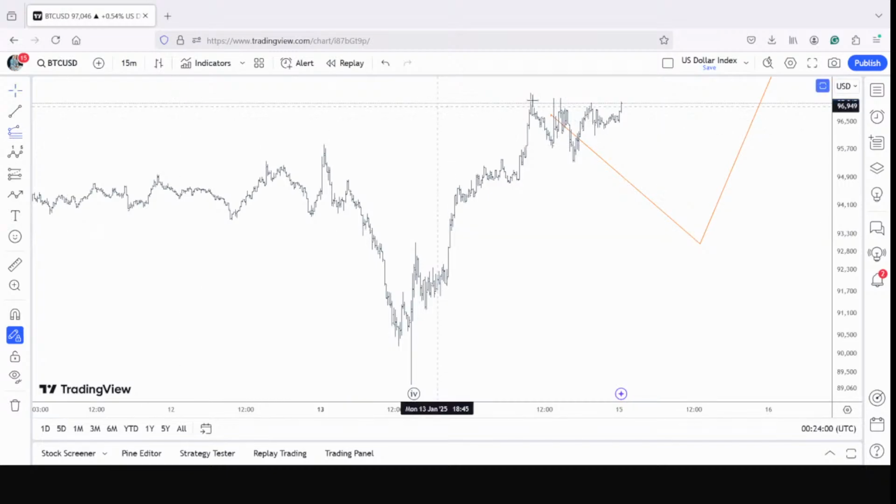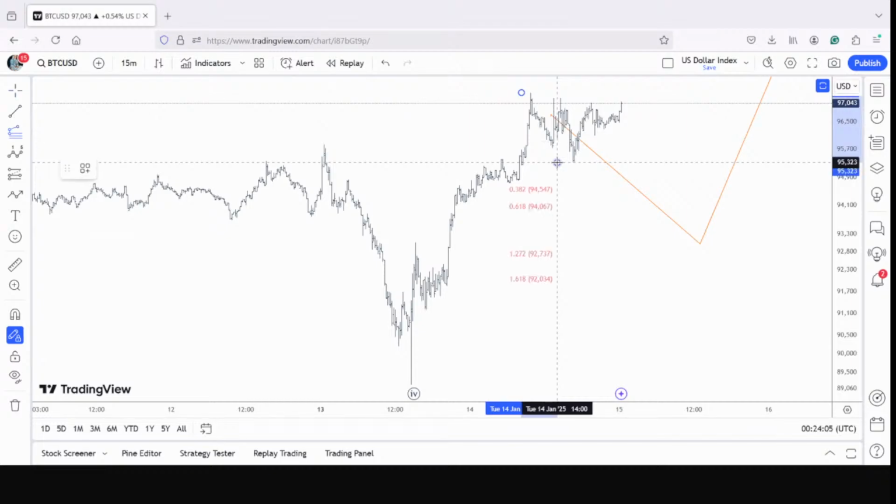Let's try and project. It's a standard flat where wave B is going quite close to the beginning of wave A, and if the numbers are correctly done, then we should be back towards 92, 93 anytime soon now.